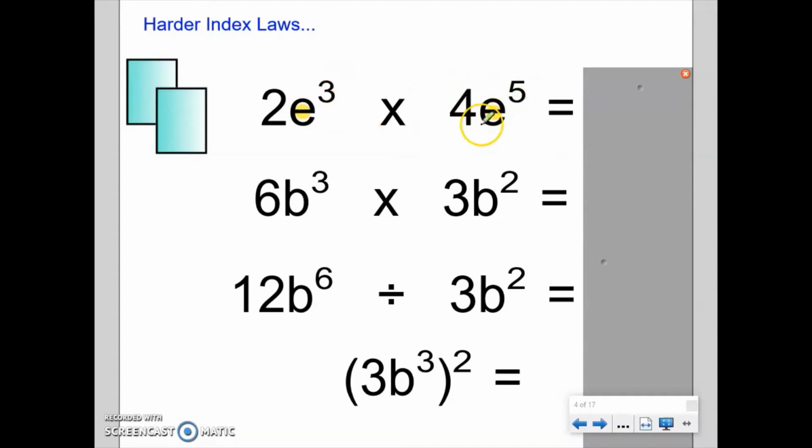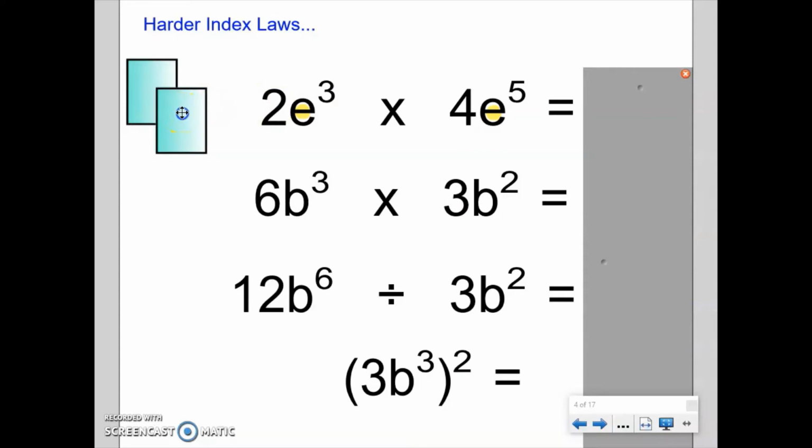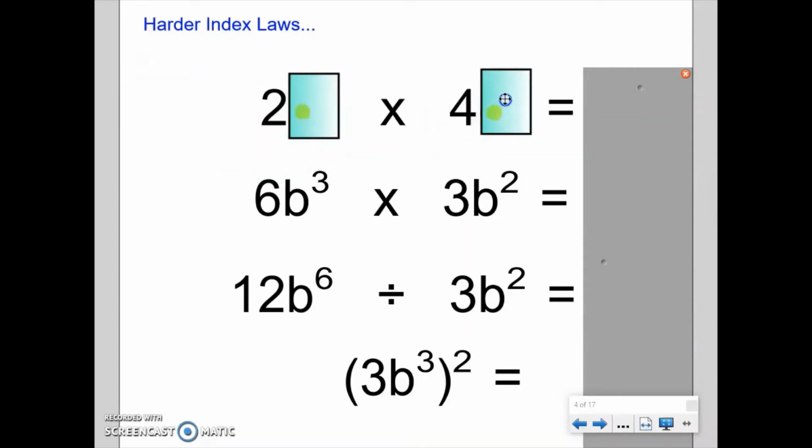When we get a question like this, we separate it into two separate questions. So for example, what I'm going to do is I'm going to forget about those e's. So I'm just going to think about the numbers. 2 times 4 is going to give me 8.